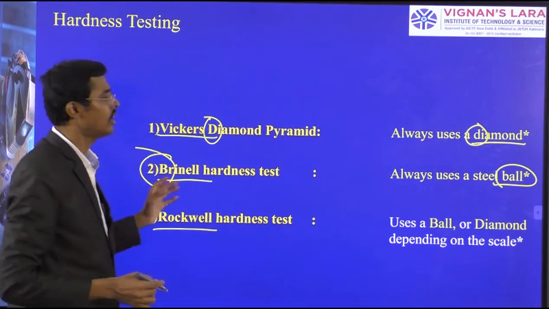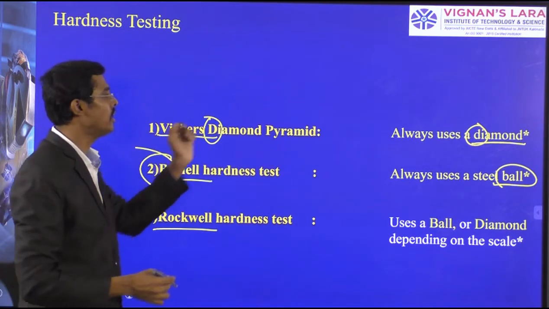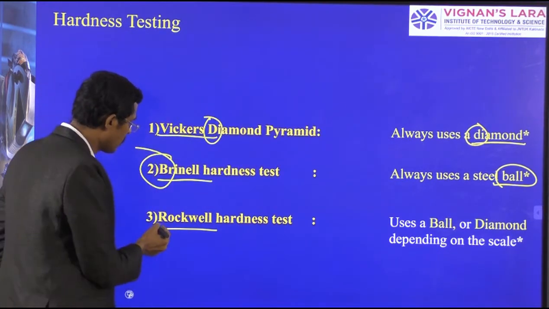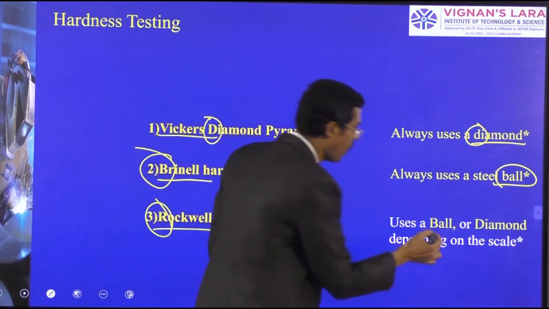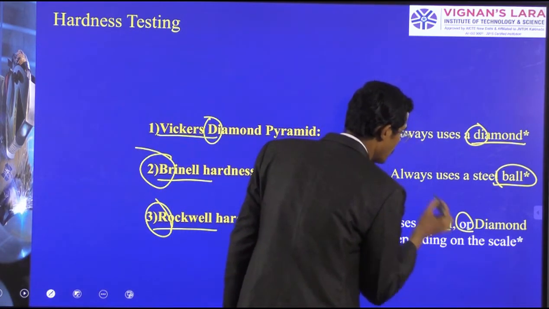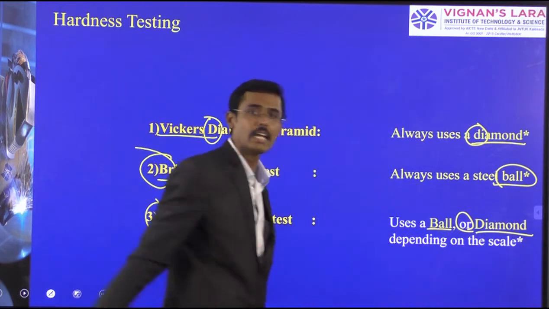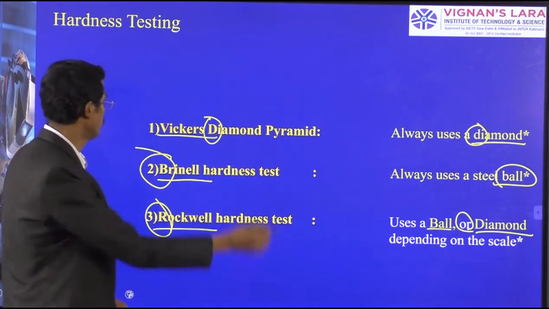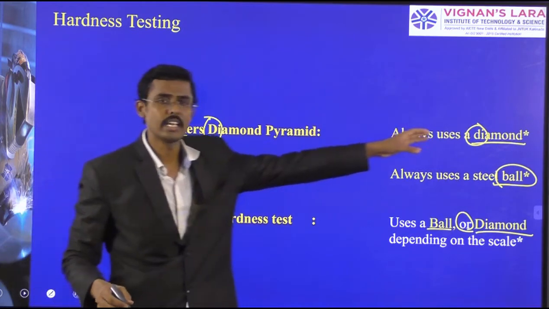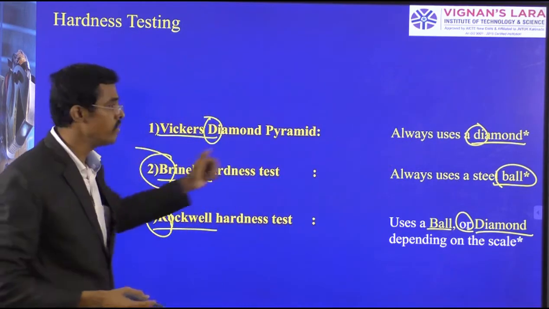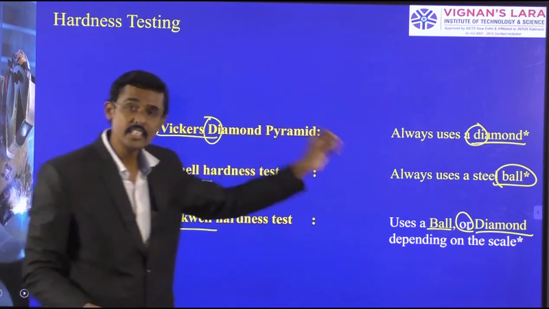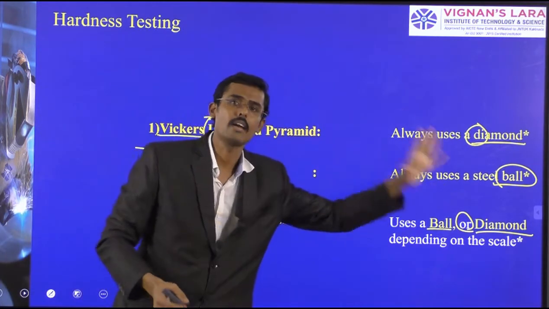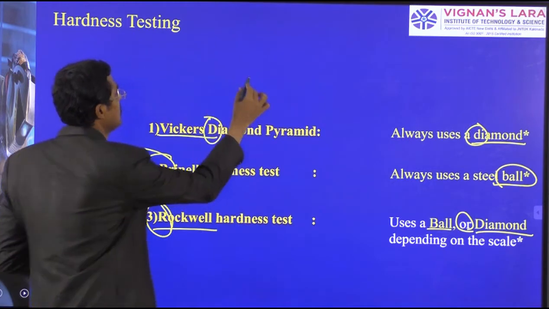And Rockwell, the R represents either or: maybe ball indentation or diamond indentation we can use. So for Vickers diamond, we are using the diamond. For Brinell B, we are using the ball. And for Rockwell R, either the ball or diamond for our hardness test.